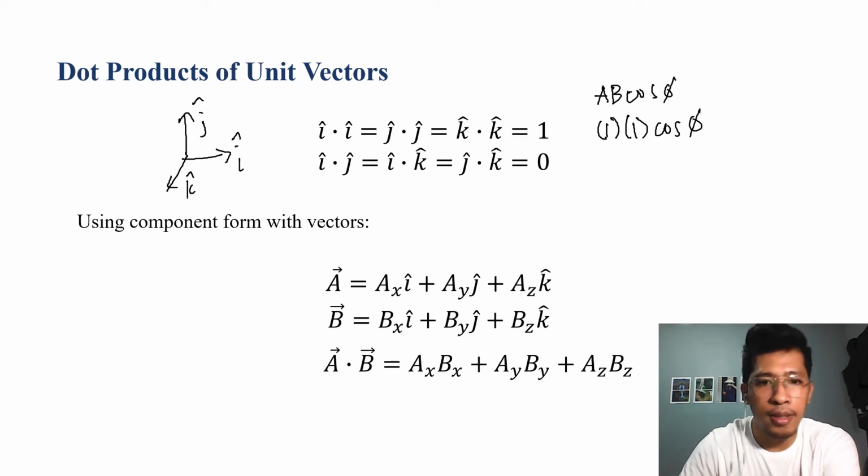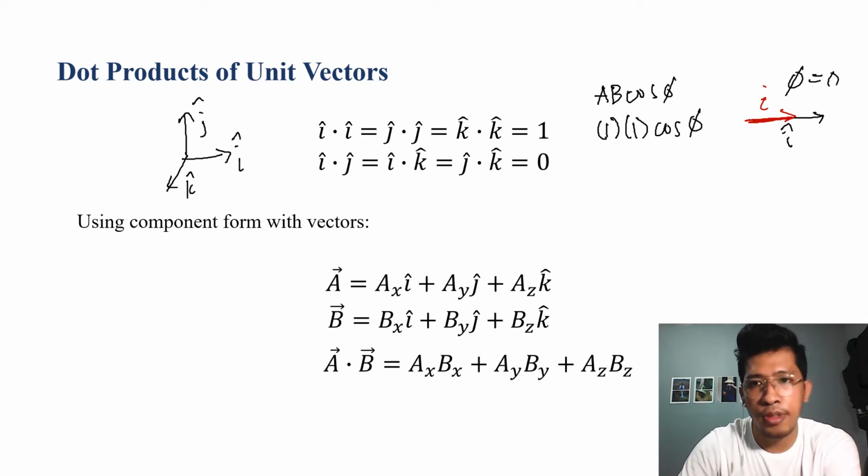Now, what is phi? If this is your i hat and you dot it with another i hat, your second i hat just points in the same direction. So if this is the case, the angle phi between your two vectors is equal to 0.